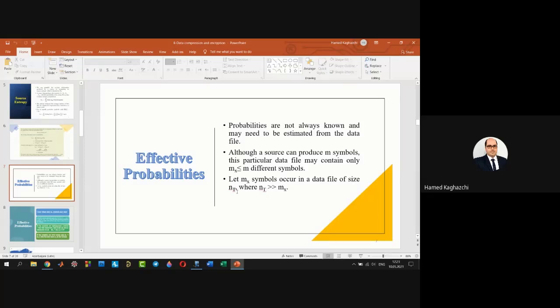The size of the data file is nt. This data file contains mx symbols, and mx is less than nt. I want to calculate the effective probability.